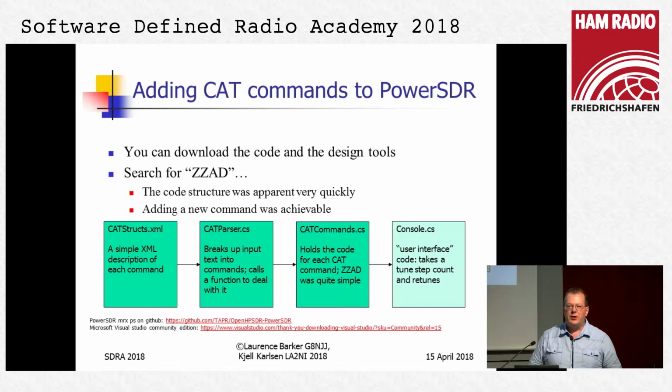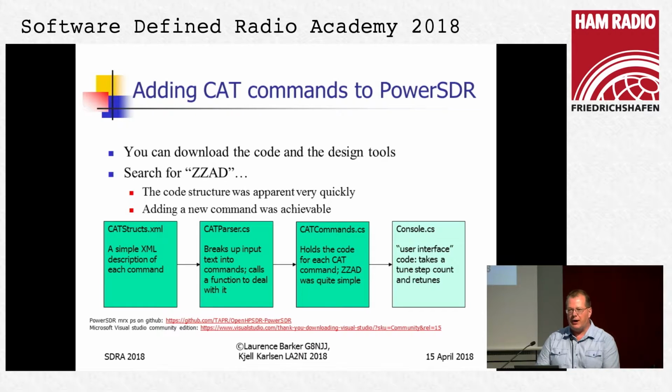Well, the command to step down by 1 step is ZZAD. So having loaded all the code, I used the facility to search all the files in the project for the string ZZAD, and very, very quickly I found what the structure of the software was. We start off on the left-hand side. There's an XML file that just gives you a list of all of the commands and how many characters are in each command and things like that. Very simple structure.